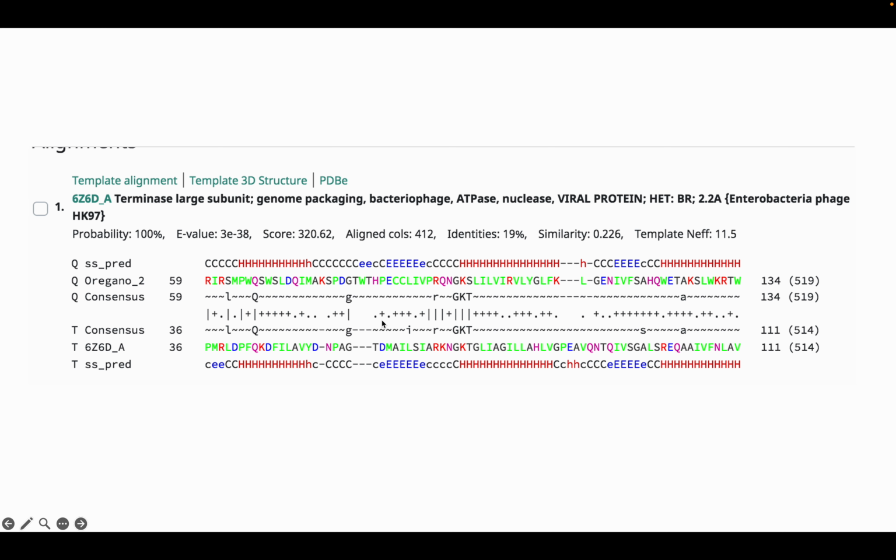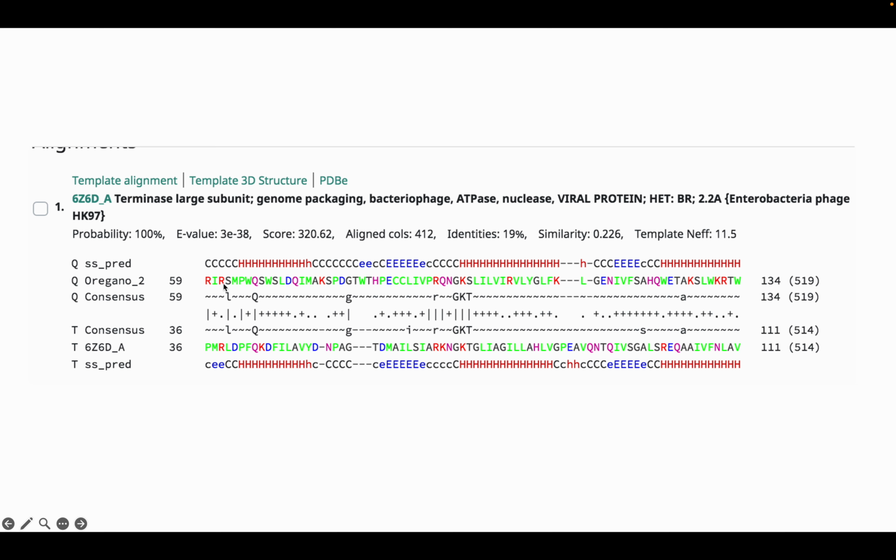So in between the two sequences is what we call the consensus, and there's all kinds of markings in here to indicate where the sequences either have identical amino acids, so here's a glutamine that's found in the same position in both sequences, or there's indications that there are similar amino acids.